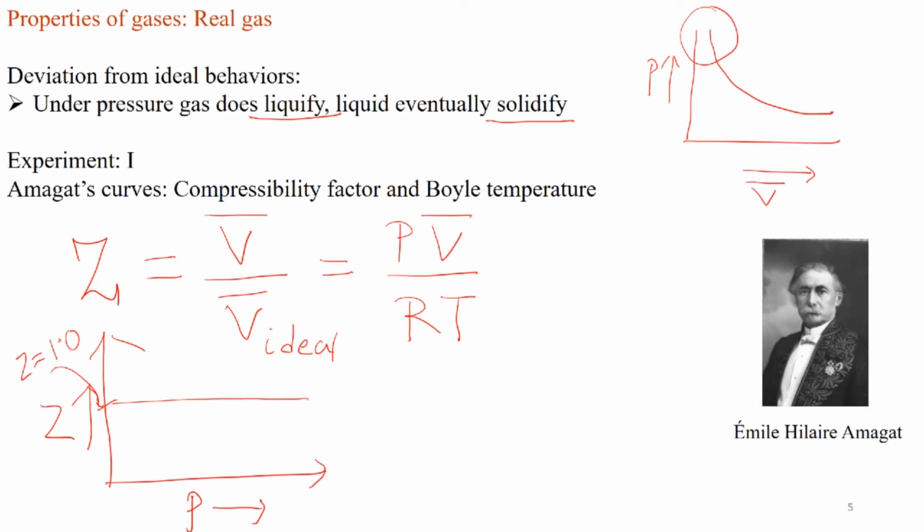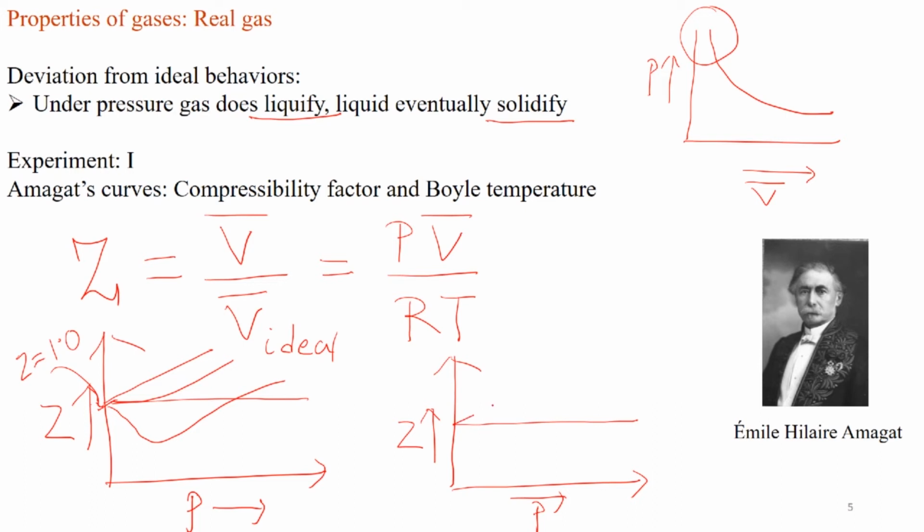For many gases, Amagat found that they behave very differently. For some gases, the slope of the curve is always positive. For some gases, there is a dip initially followed by a rise.